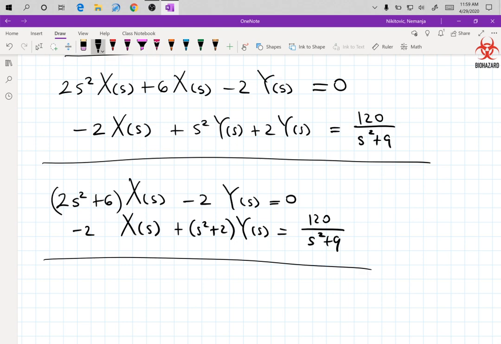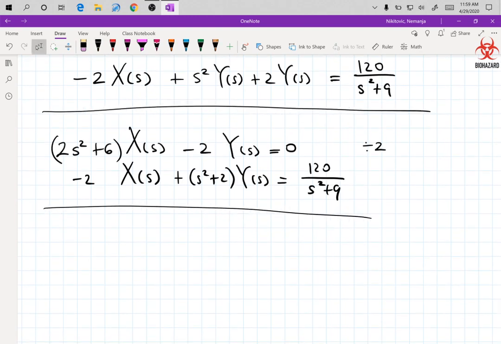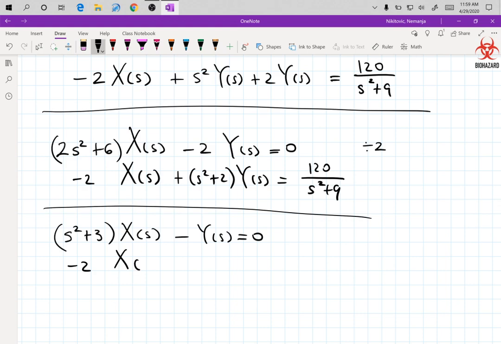And that's very easy to achieve because I can divide the top equation by 2 and I will get s squared plus 3 times x of s minus y of s equals 0, and the bottom equation I didn't touch at all, negative 2x of s plus s squared plus 2 times y of s equal to 120 over s squared plus 9.